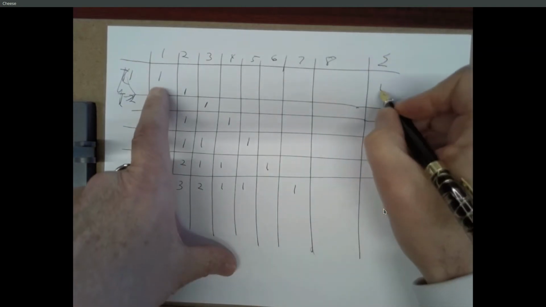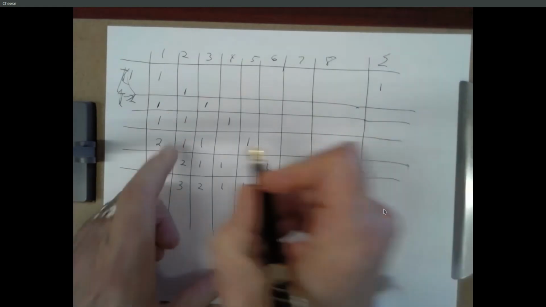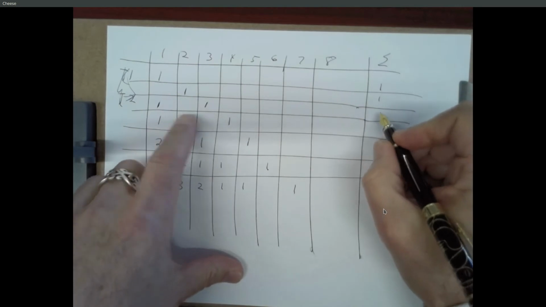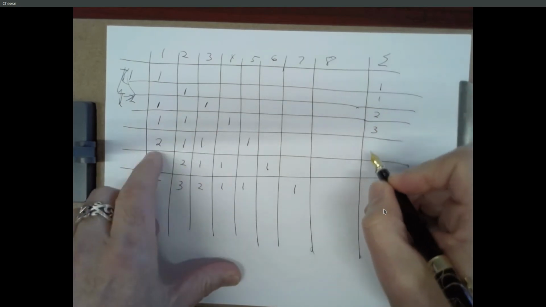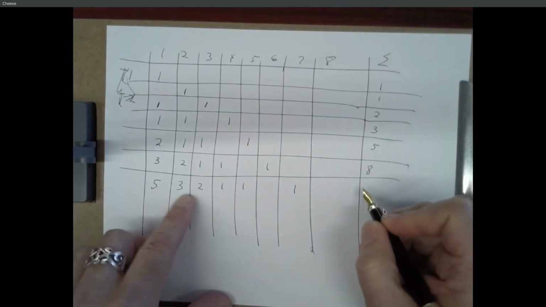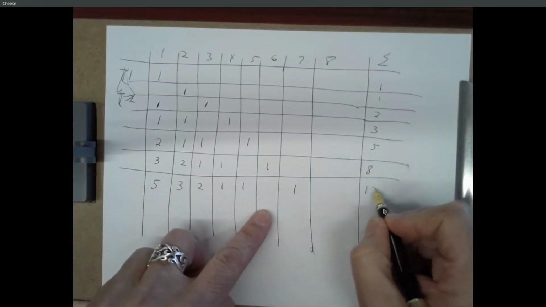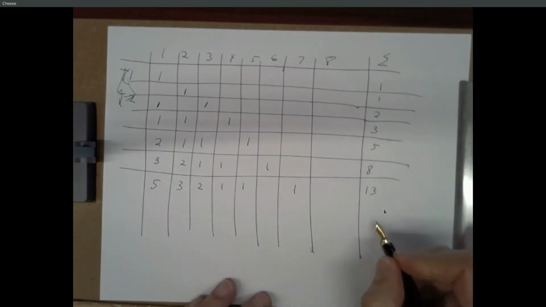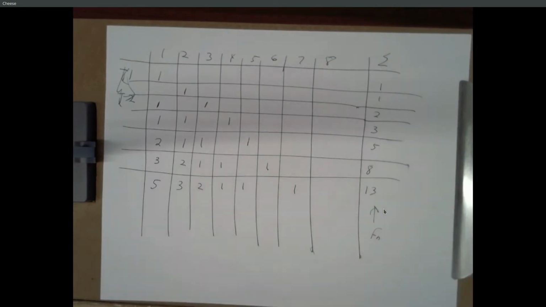We started off with 1, and then 1, and then 2, and then 3, and then 2, 3, 4, 5, 5, 6, 7, 8, 10, 11, 12, 13, and so on. And this is our Fibonacci series. I think this was the problem that led to the discovery of the Fibonacci series.